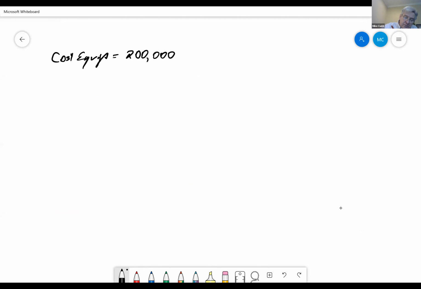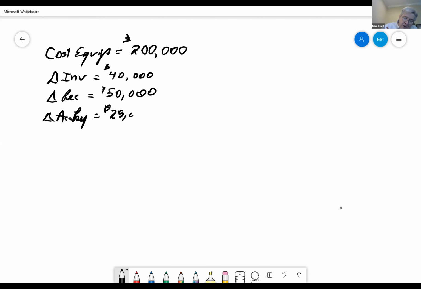We would carry another 25,000 in accounts payable. And we're given a marginal tax rate of 30%.